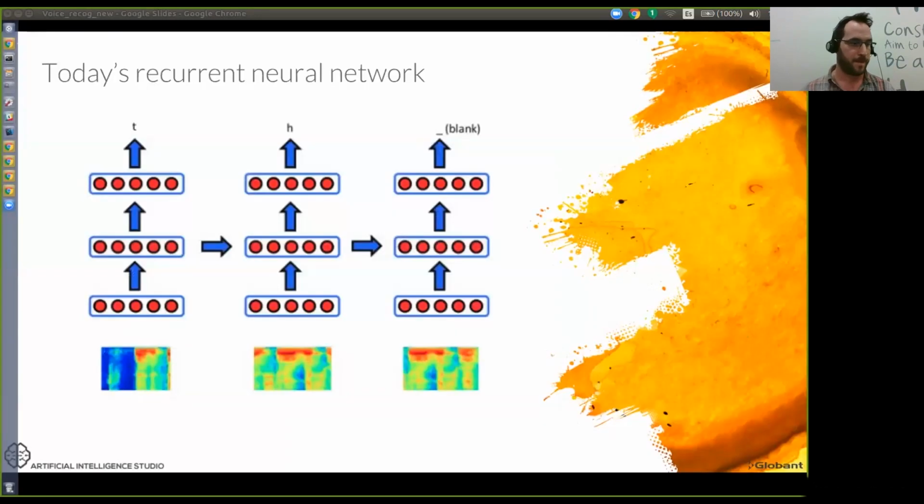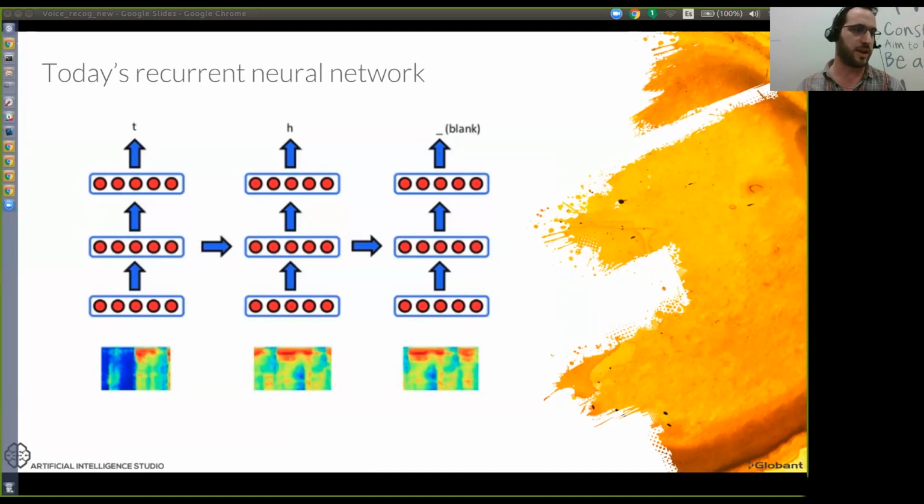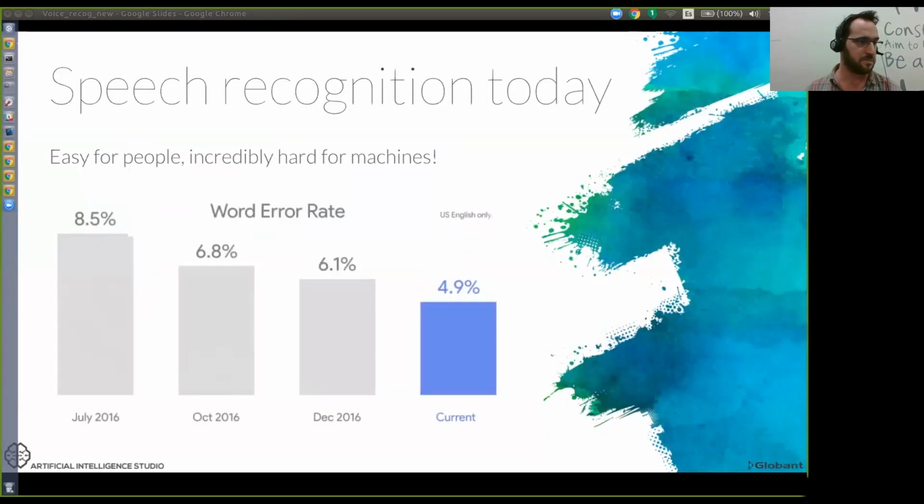We have low-level representations, we have the input data as spectrograms, for which we use a language model. We stack many layers of this recurrent neural network, and we predict which letter and later which word the person or whatever emitter is saying. And that's it. Speech recognition today.